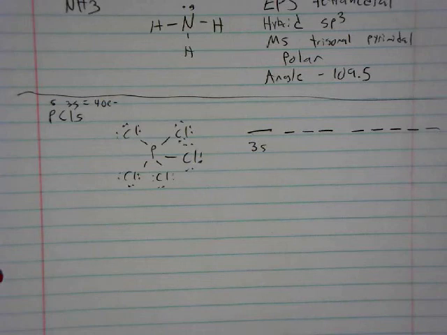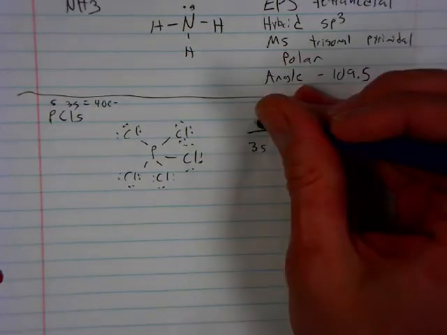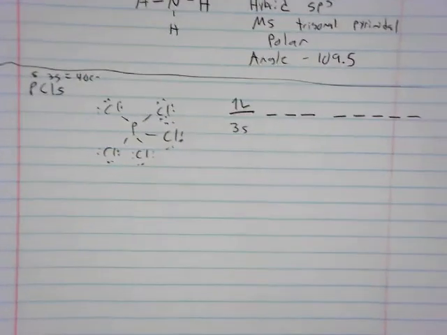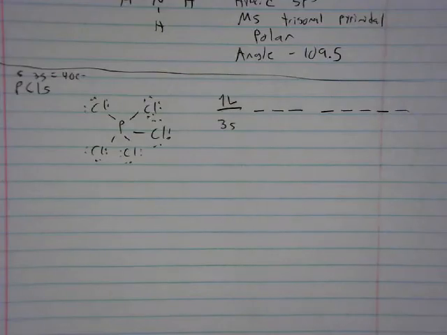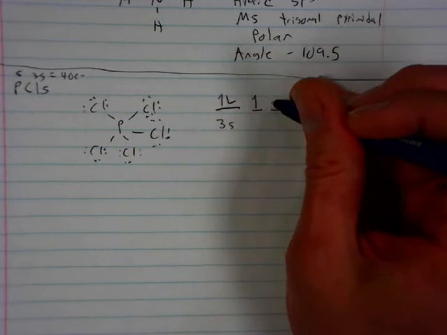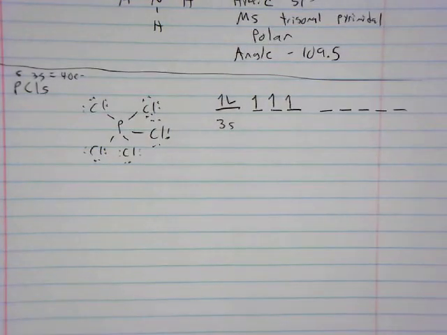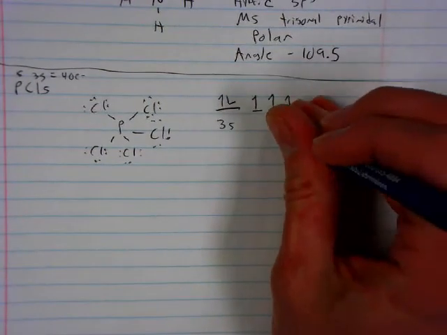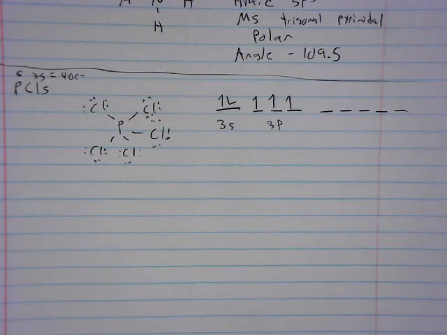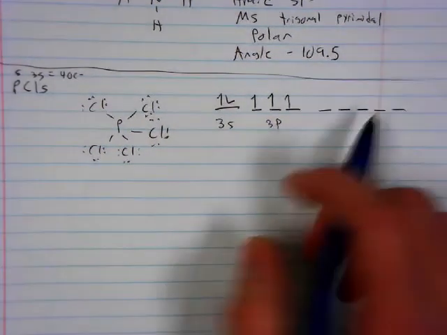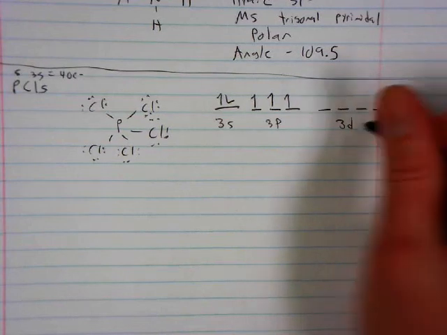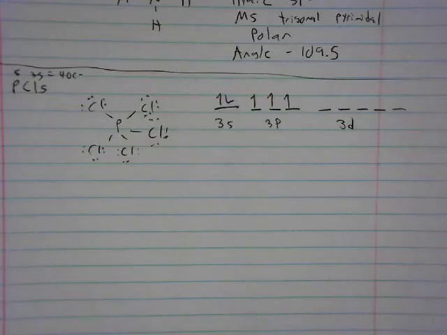The why behind this isn't super important. It's just understanding what the hybridization is. But here are the outermost electrons for phosphorus. This is not meant to confuse you. So here's my 3s for phosphorus. 3s is full.